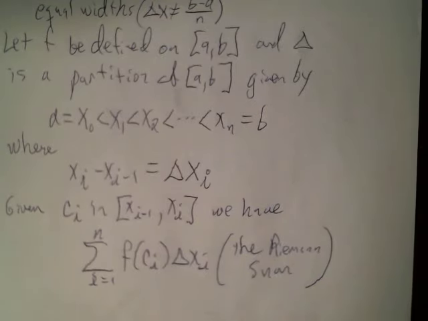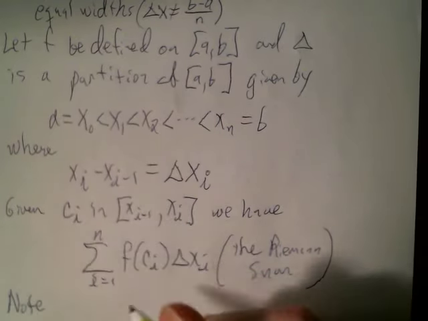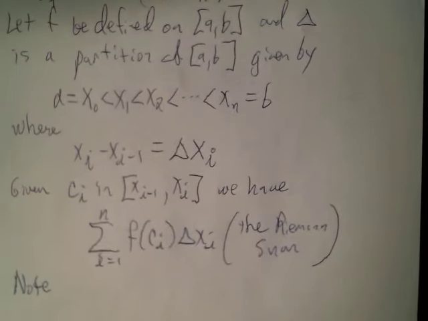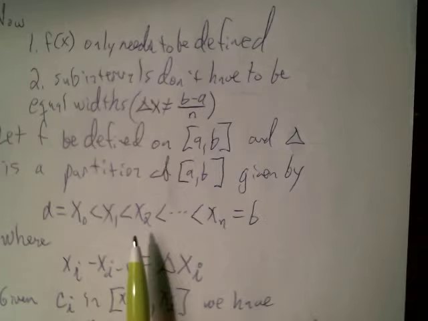Okay, so other things to note about this: in order to pull off these limits now, we're not necessarily just letting the number of rectangles go to infinity. Instead, we're taking the largest interval and letting that go to 0.